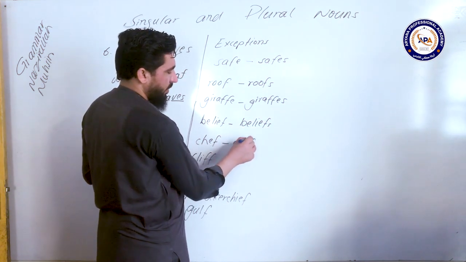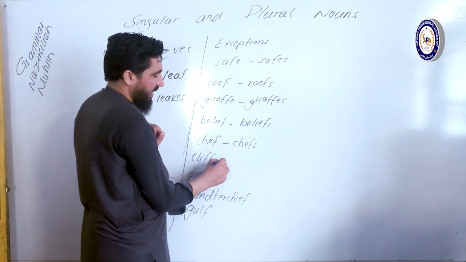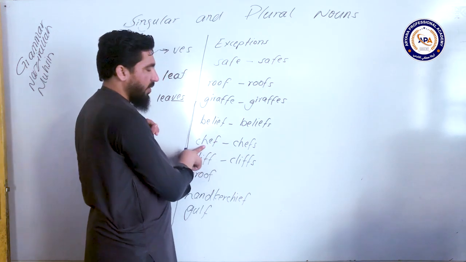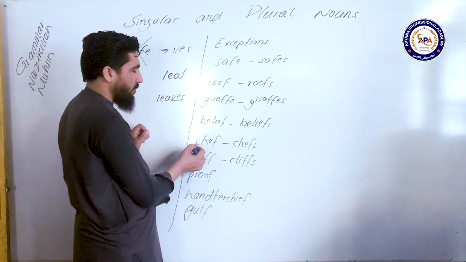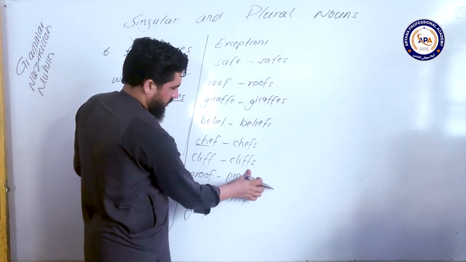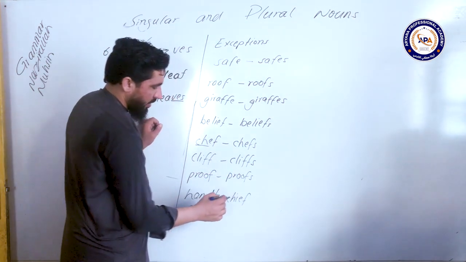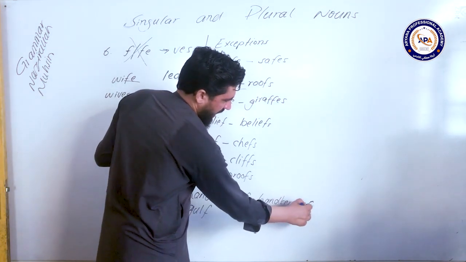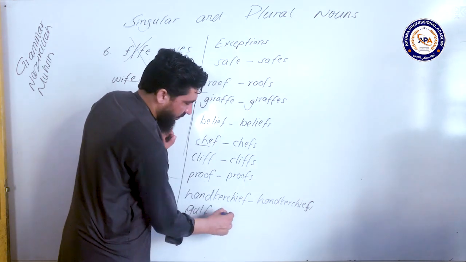Chef, chefs. Clef, clefs. Here CH is pronounced like in machine. Proof, proofs. Handkerchief, handkerchiefs. Gulf, gulfs.